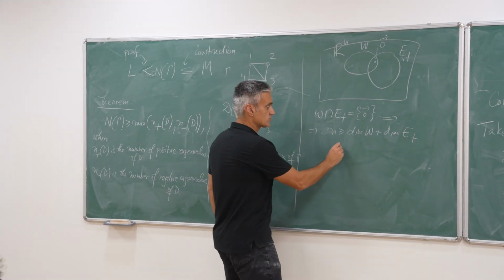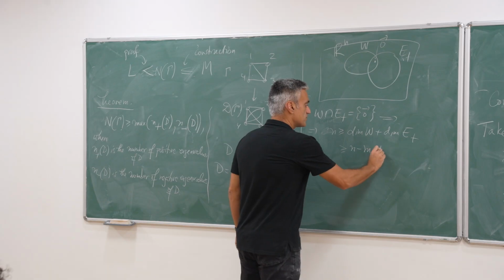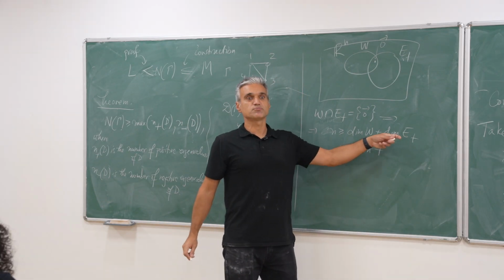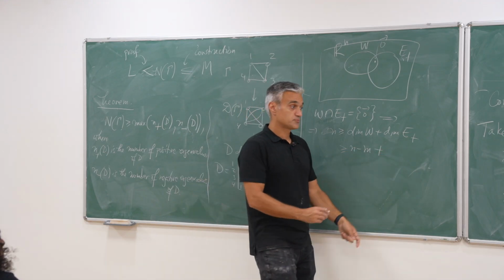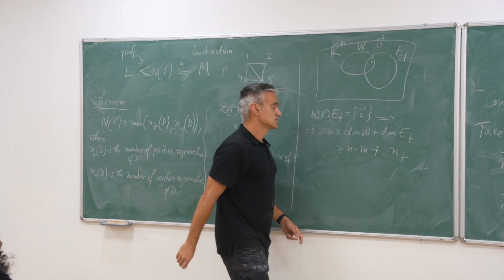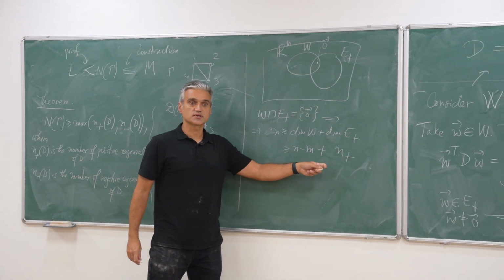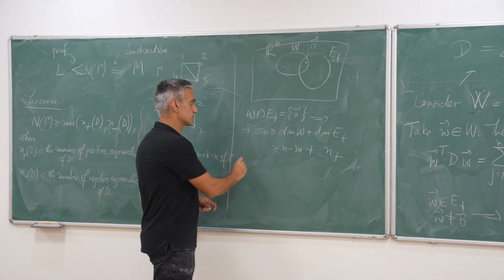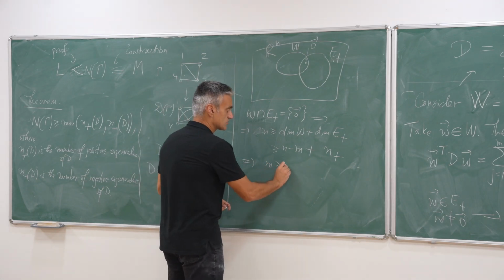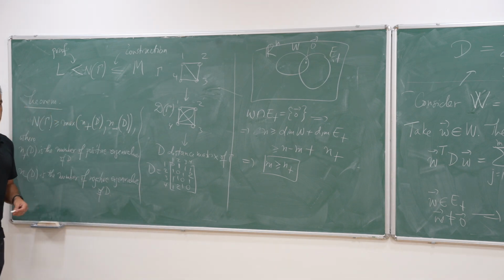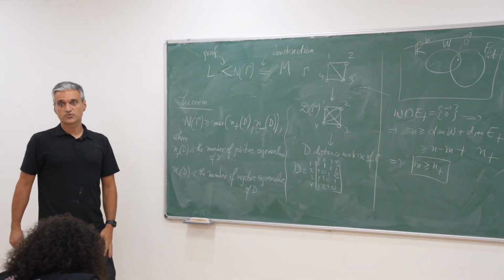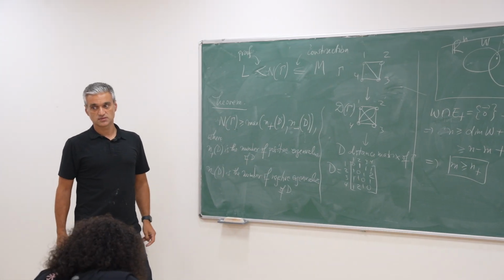So you get n is greater or equal than n minus m plus n plus, where n plus is the dimension of E plus. You move the m to the other side, so you get m is greater or equal than n plus. And that's exactly what we need. And you can do the same thing for n minus.